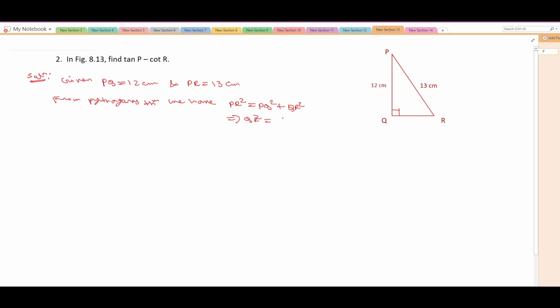QR square equal to PR square minus PQ square.